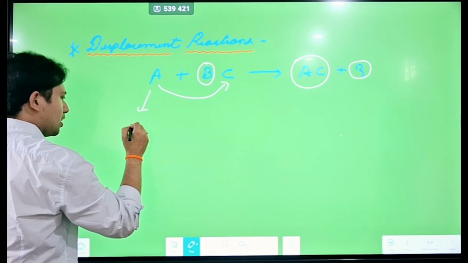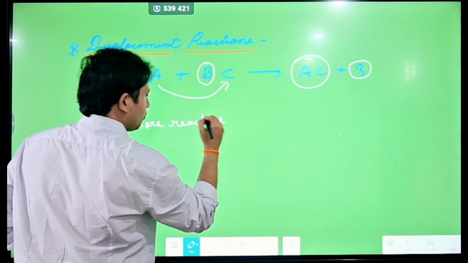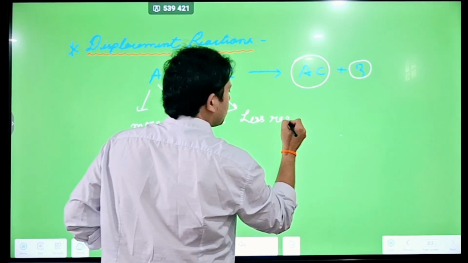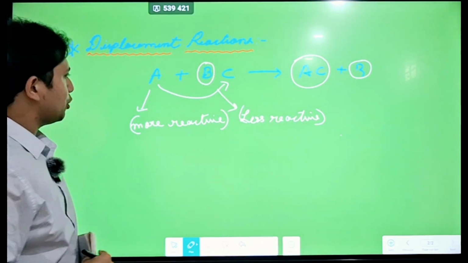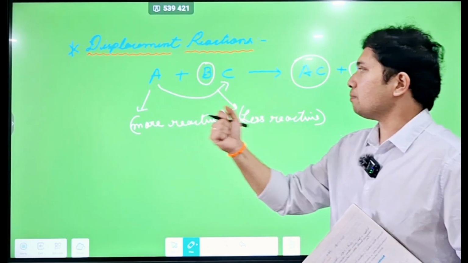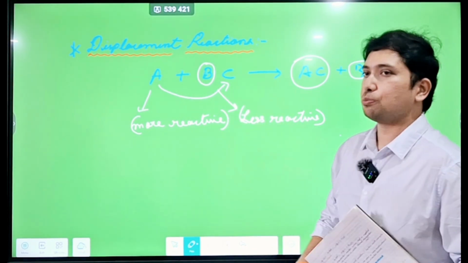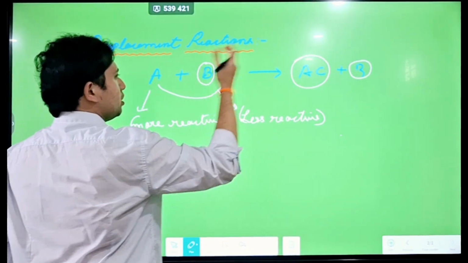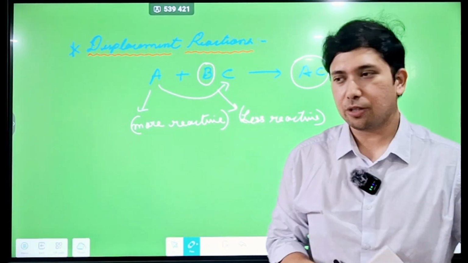So in this case A is more reactive, B is less reactive compared to A. More reactive or less reactive, don't be afraid of it, that only means that its pulling power, capacity, strength is more compared to B. So A will pull C, which will become AC, and B will be left alone. So this is a general formula of a displacement reaction.